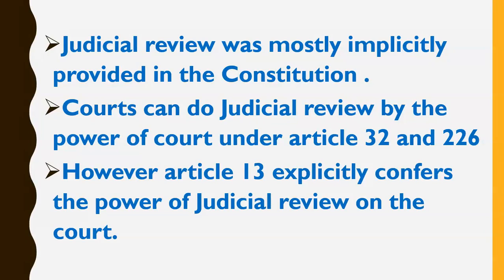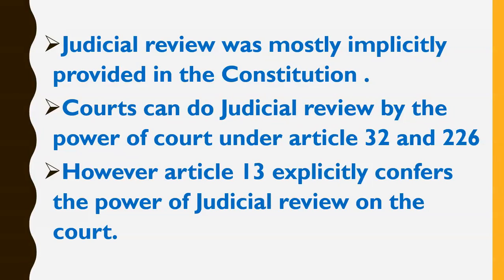So for issuing the writ, they need to do judicial review. So the writ jurisdiction under Article 32 and Article 226 also indirectly provides the power of judicial review to the Supreme Court and High Court respectively. Now friends, however, Article 13 explicitly confers the power of judicial review on the court.